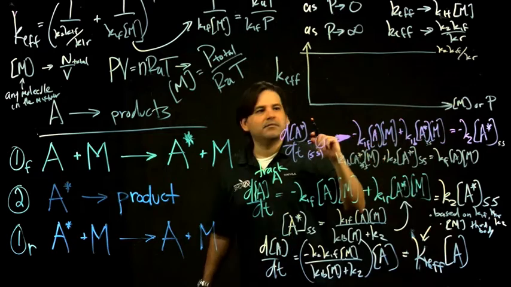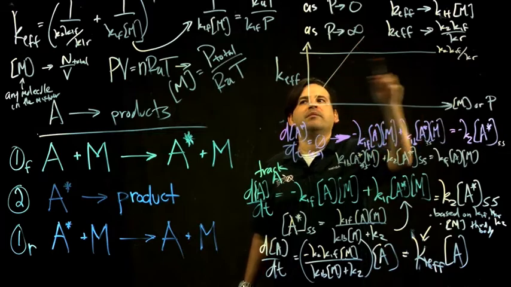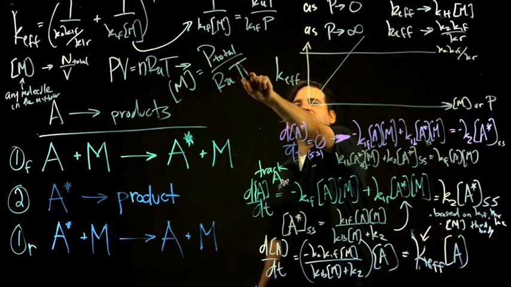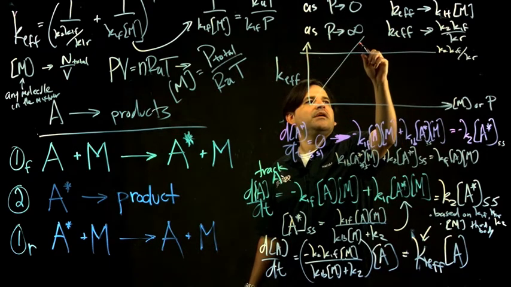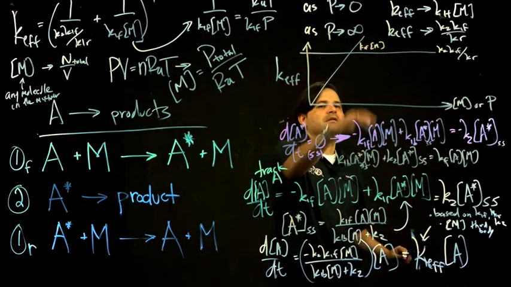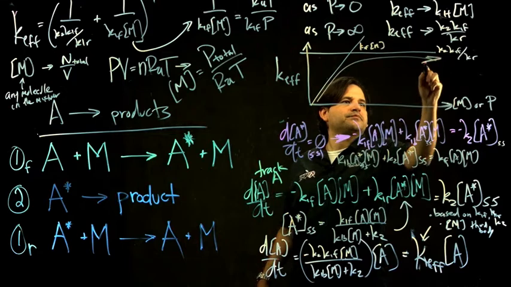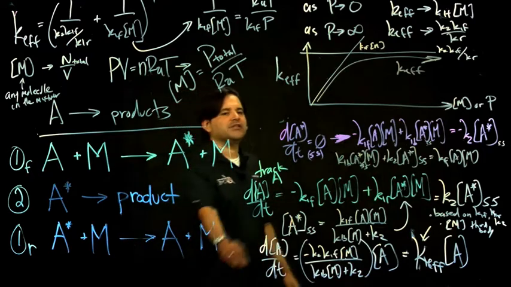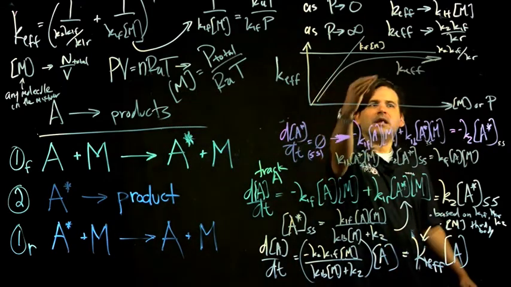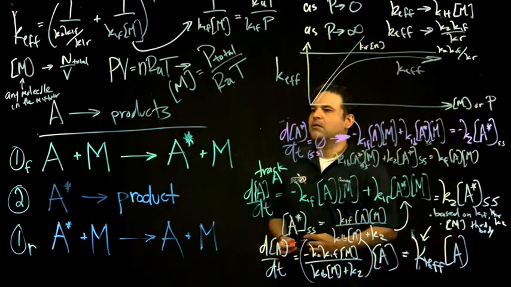And at the low pressure limit, you would have this linear function depending on the ideal gas equation. The concentration increases with pressure, so you would have a rate dependent on pressure. So that's the linear. The effective rate constant is the sum of these two limiting cases. At low pressure, it has this linear dependence. At high pressure, it reaches this asymptote. And somewhere in between, it's between the two limiting cases.